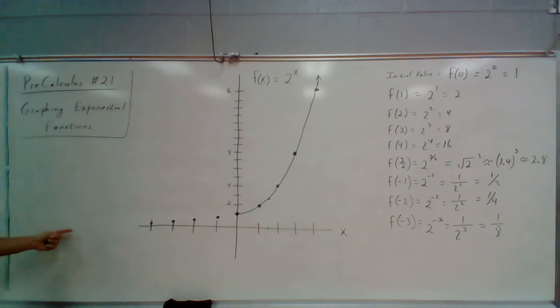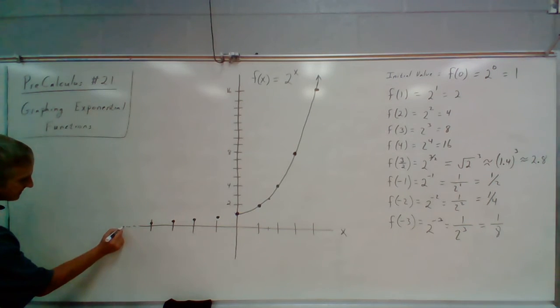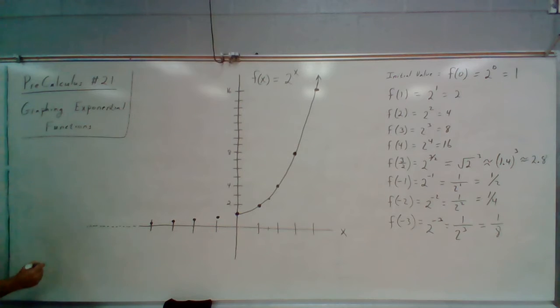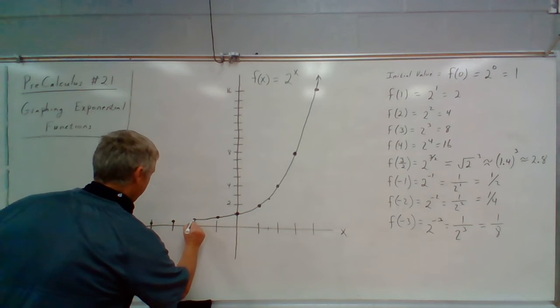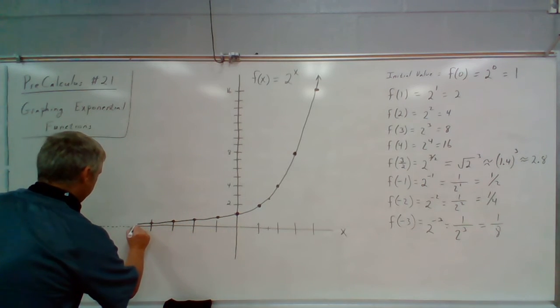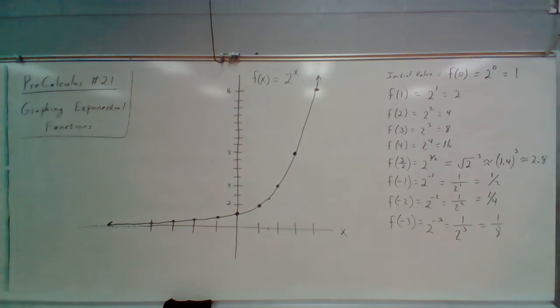So for instance, if I plug in negative 100, it would be 1 over 2 to the 100th, which would be a tiny little number, just barely above 0. So what happens is we get this horizontal asymptote out this way, and the graph will keep getting closer and closer to that asymptote, but will never touch it.